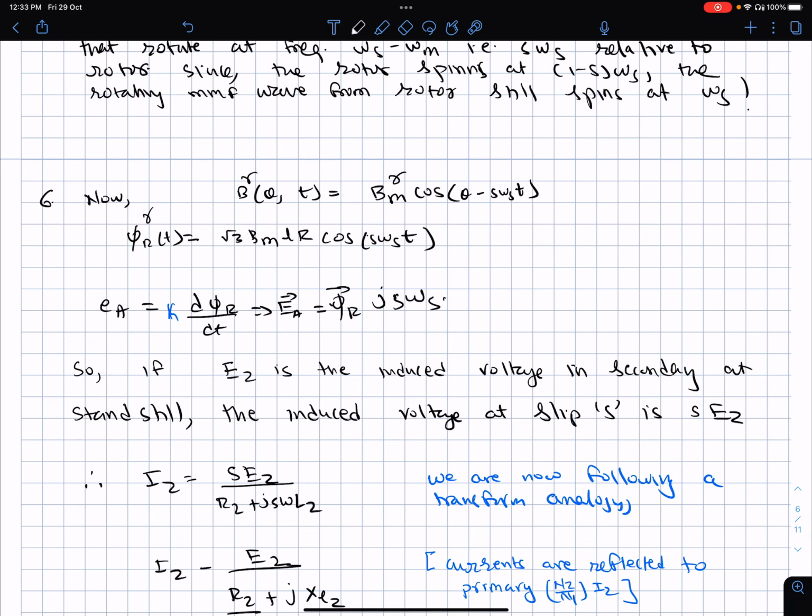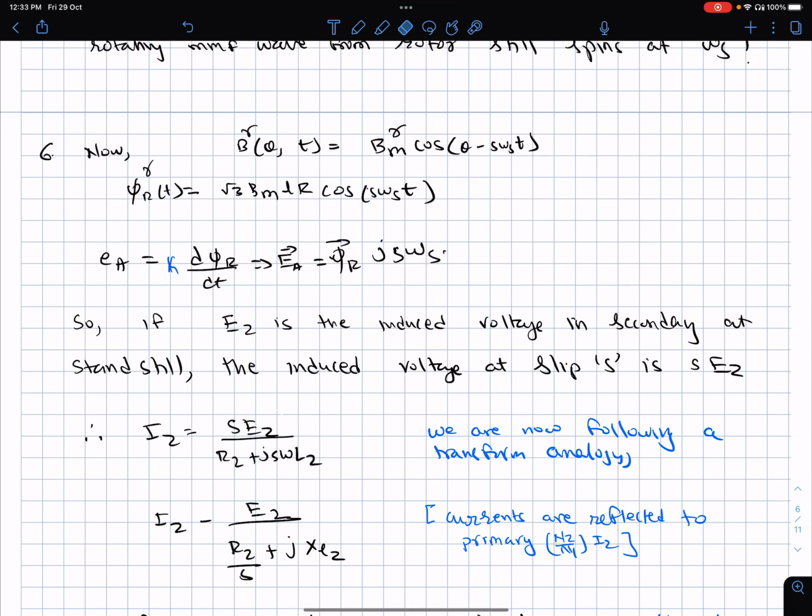So the d by dt operator has been replaced by the p operator, as it is called, which is replaced by j, where j is square root of minus 1, times the omega operator, which is slip frequency times omega s. So now this is using transformer kind of notation.